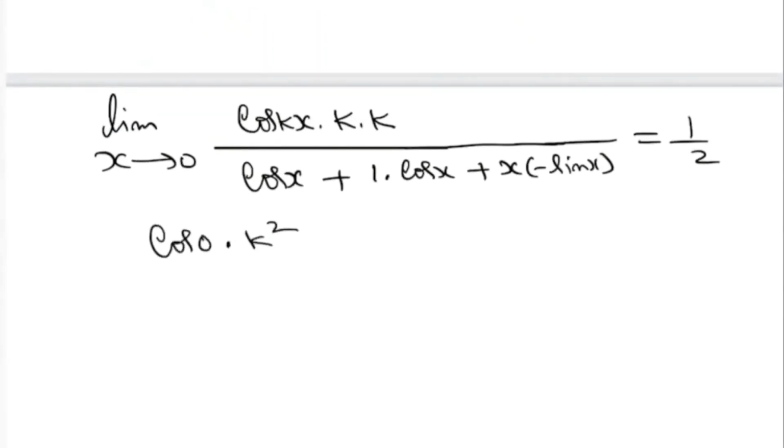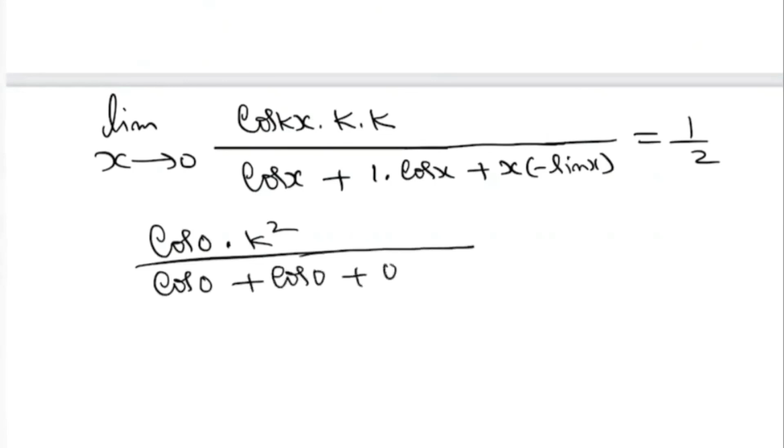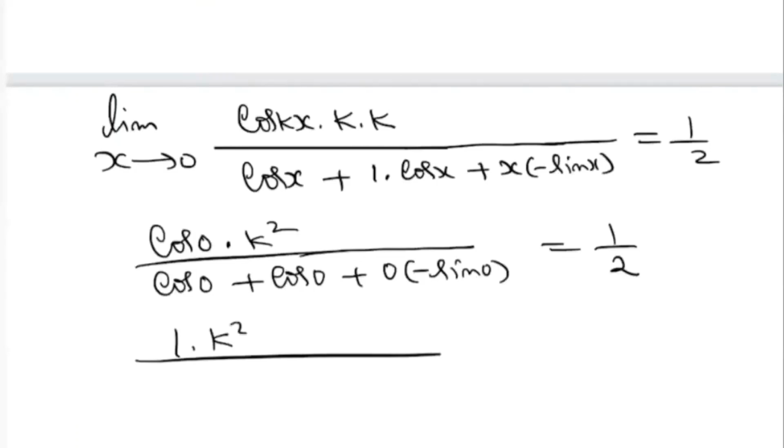Cos 0 into k square cos of 0 plus cos of 0 plus 0 into minus sin 0 equal to 1 by 2. 1 into k square cos 0 is 1, plus 1 plus 0, equal to 1 by 2.